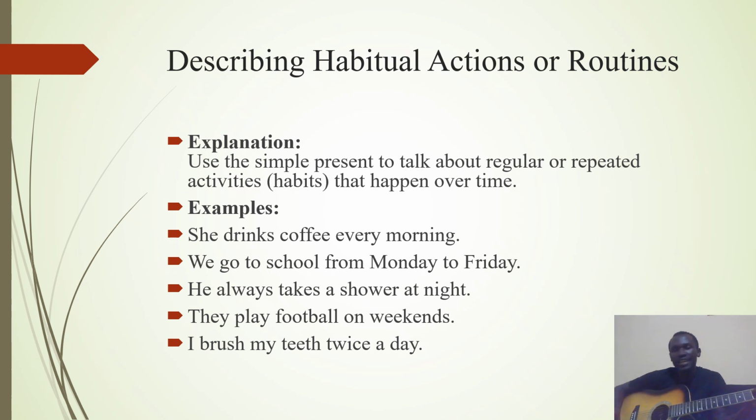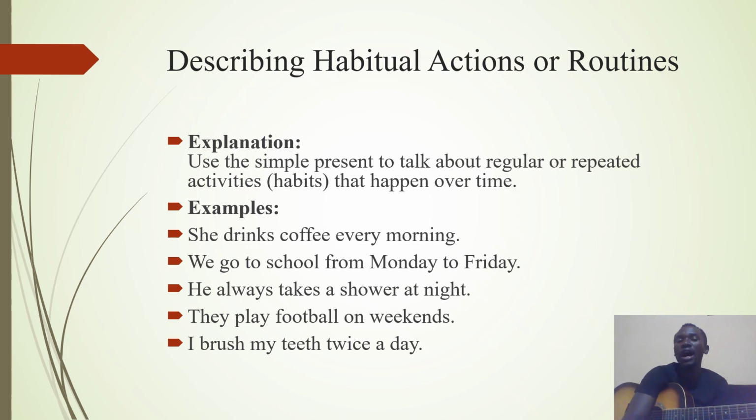Like Gilbert plays guitar on the weekends, for instance. I brush my teeth twice a day. Maybe someone is brushing their teeth twice a day and he's trying to express how often he does so.